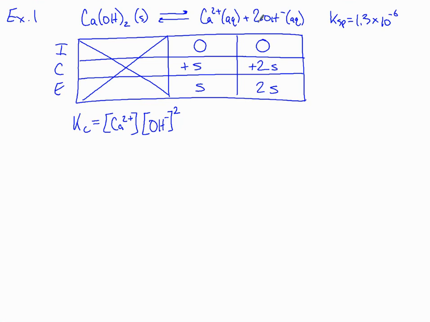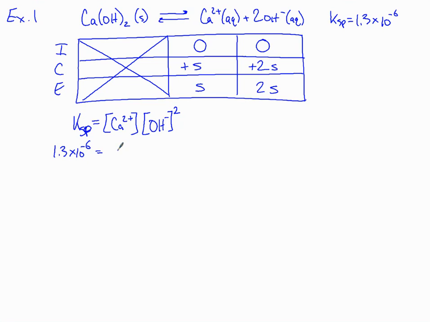We can plug in all the numbers that we know. We know Ksp, it is 1.3 times 10 to the minus 6th, no units.